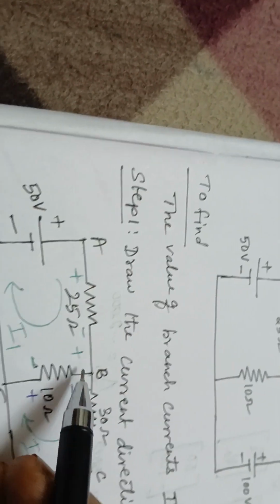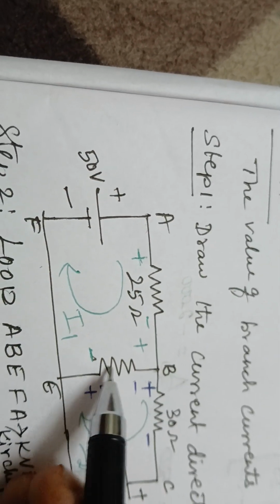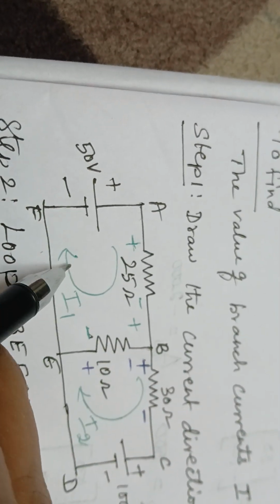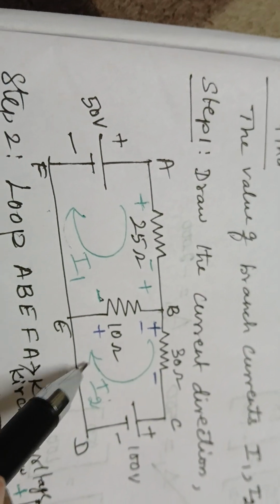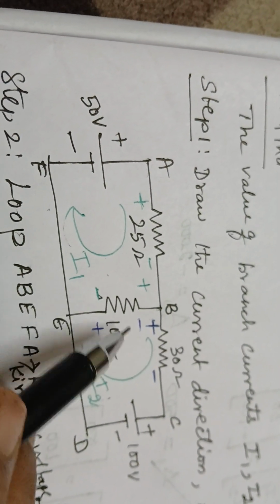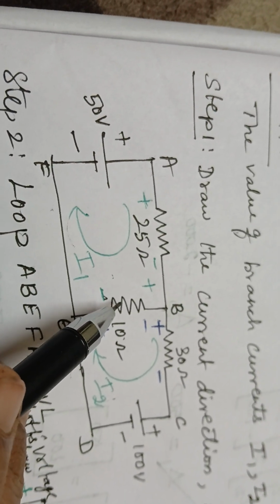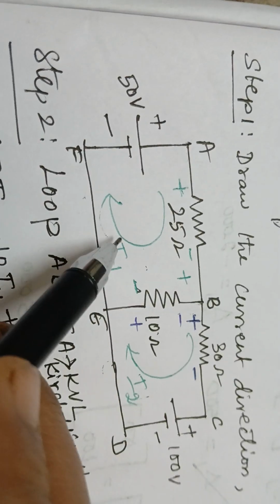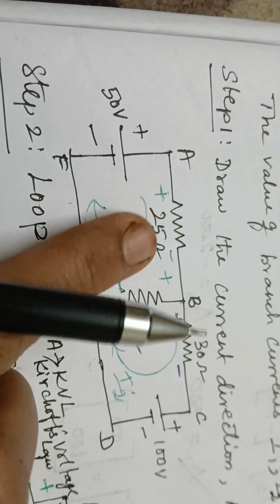This resistor is between the first loop and the second loop, so both currents will be acting upon this 10 ohm. Is it clear?